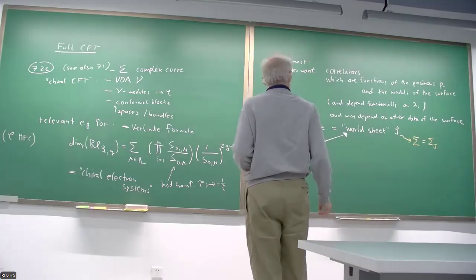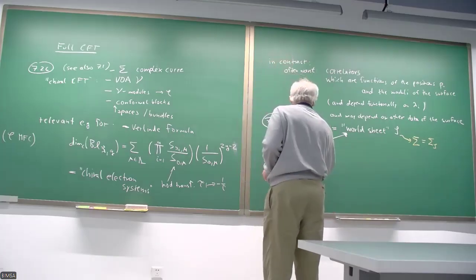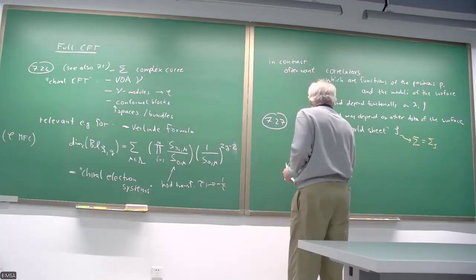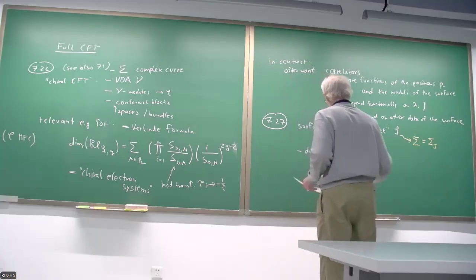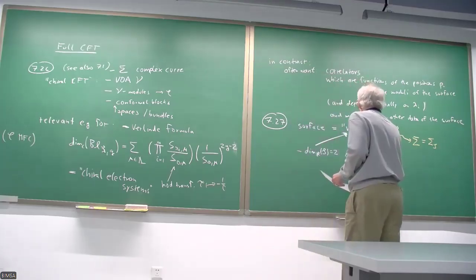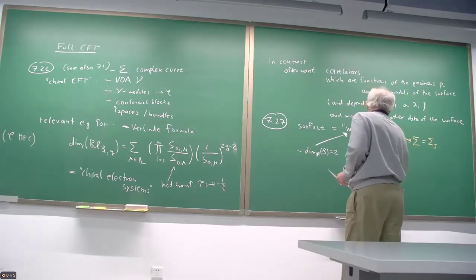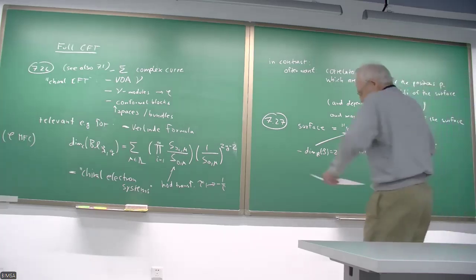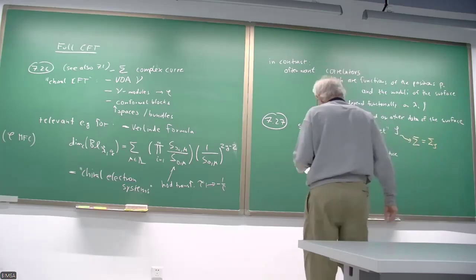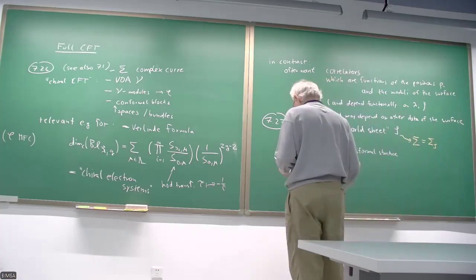So what do we mean by this world sheet? First of all, it's a conformal manifold of dimension 2, so it has a conformal structure. But for what we will be doing, the conformal structure will not be essential; it will not appear explicitly.